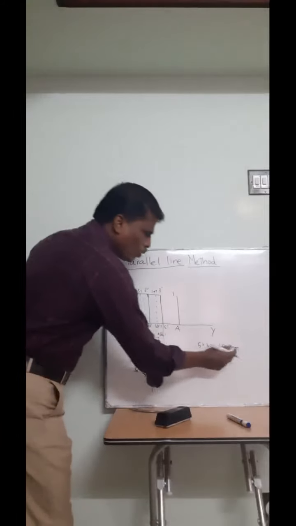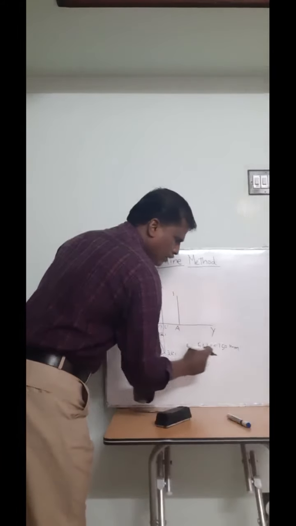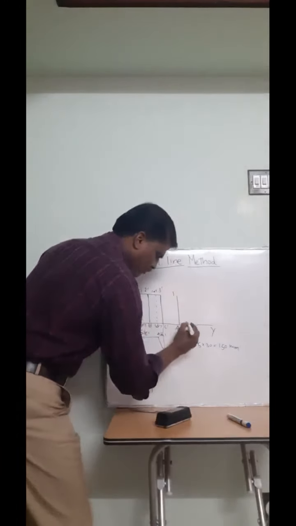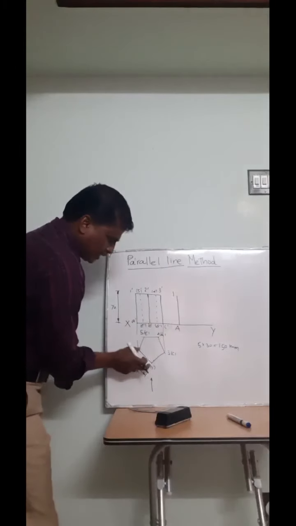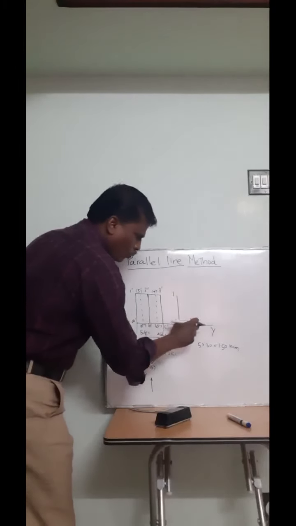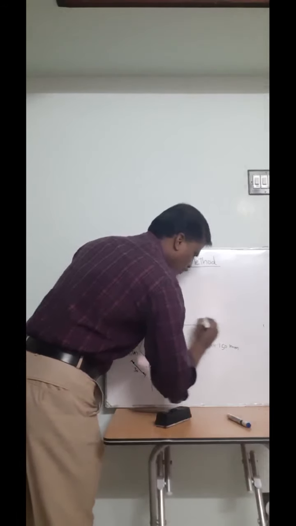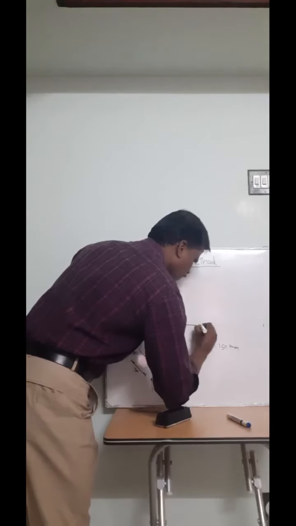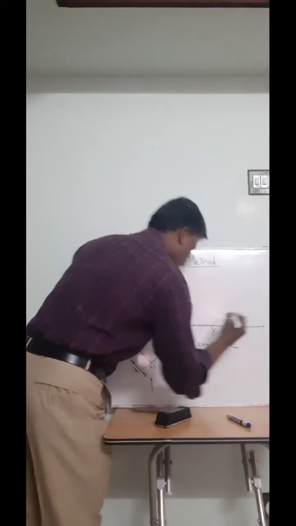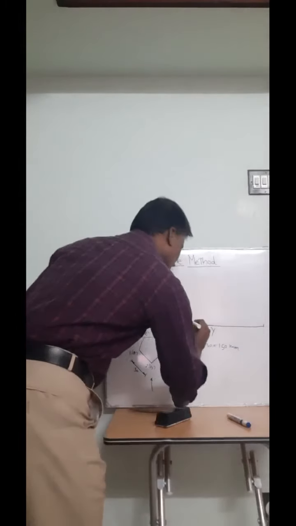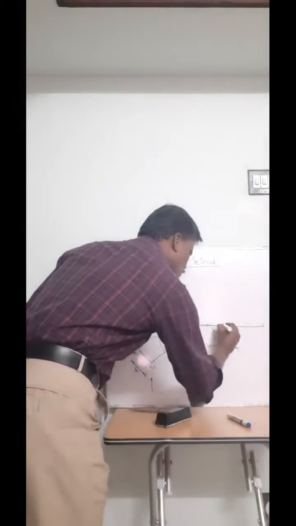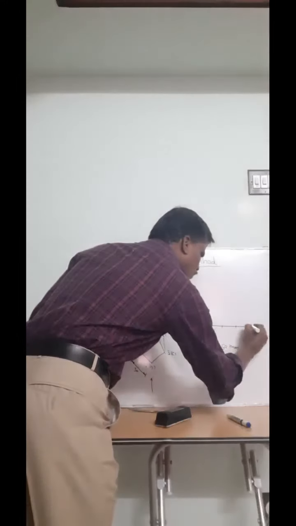Now already I know the total length of the development will be 5 into 30, 150. Therefore, take the compass 30, and cut 5 times: 1, 2, 3, 4, 5.